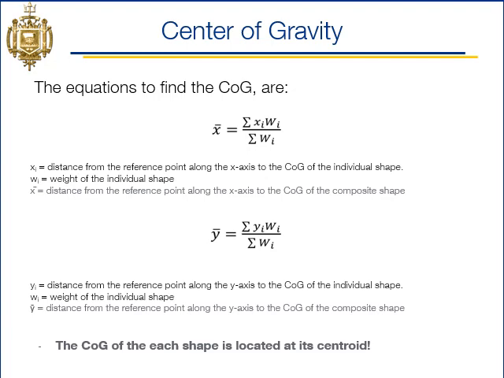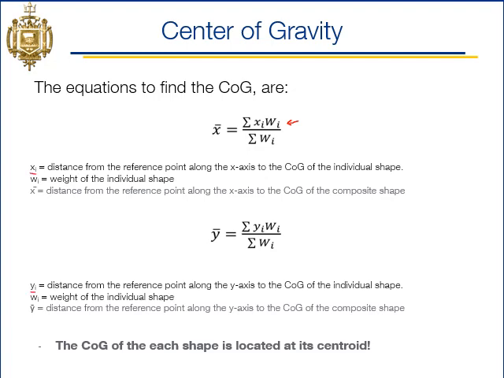All right, so now we're going to move on to center of gravity. So center of gravity utilizes a very similar weighted average equation as center of area, except we're just replacing the area of the object with the weight of the object. So xi and yi in this equation remain the same.